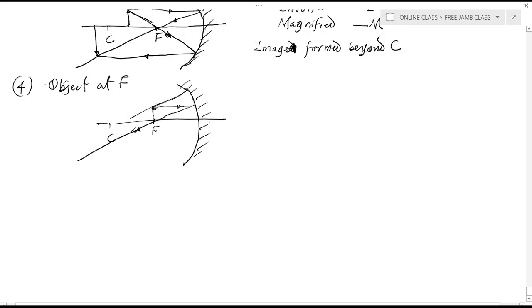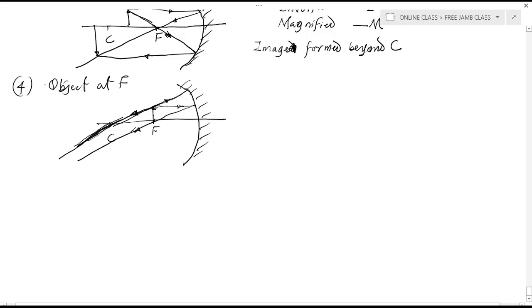It will pass through C. I told you anything that passes through C will reflect back along the same line. It passes through it like that, it reflects back in that line.